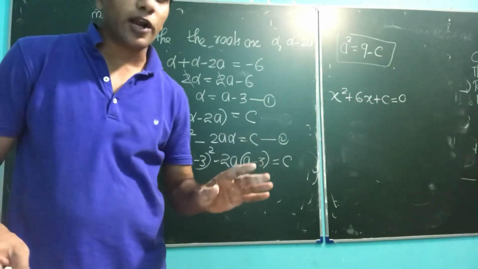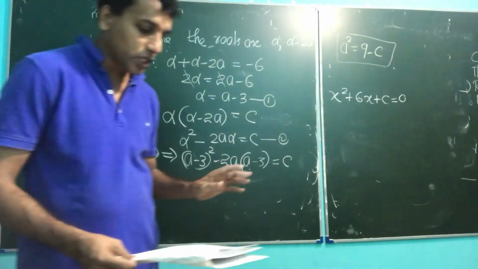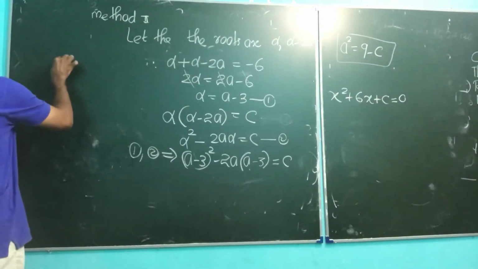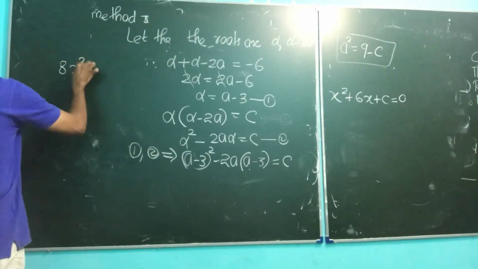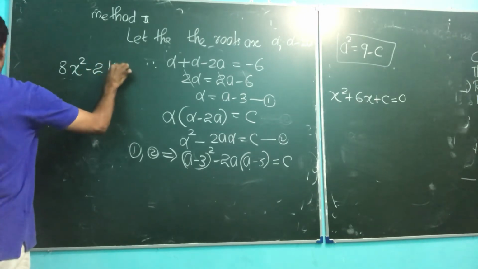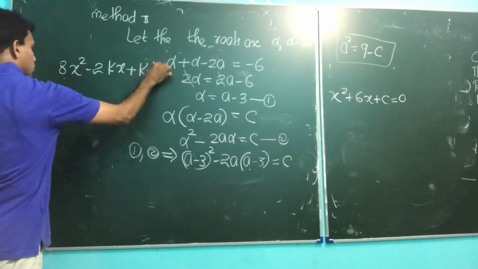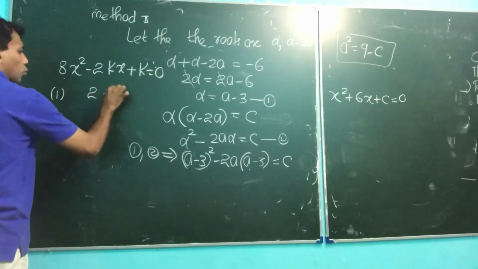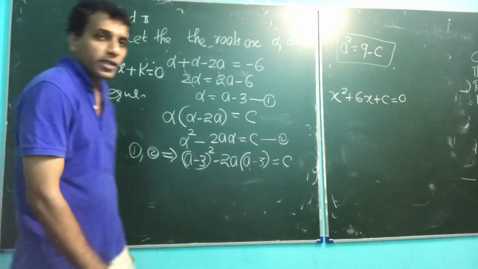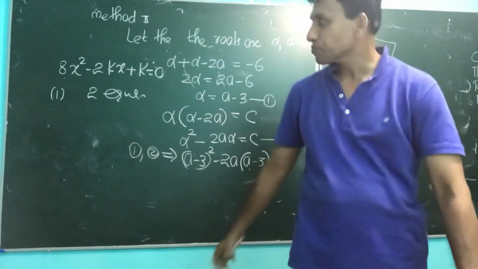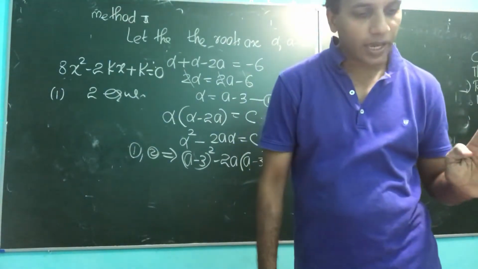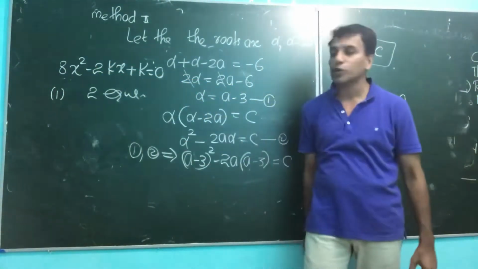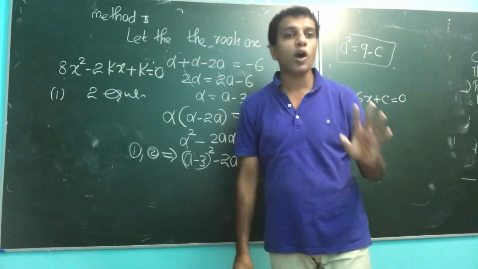Find the positive value of k for which 8x square minus 2kx plus k equal to 0 has two equal roots. There are two parts. First we complete this: find the values of k for which 8x square minus 2kx plus k equal to 0 has two equal roots.